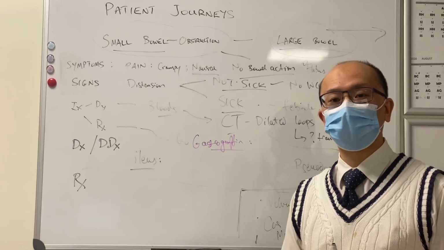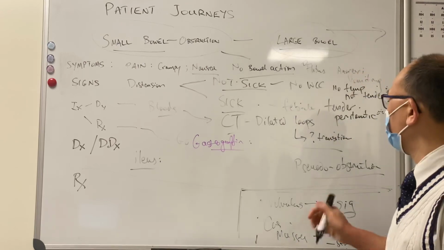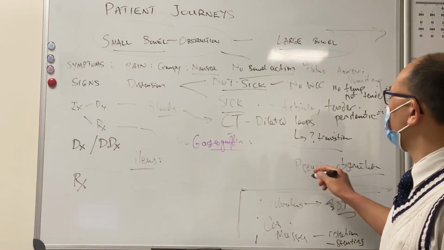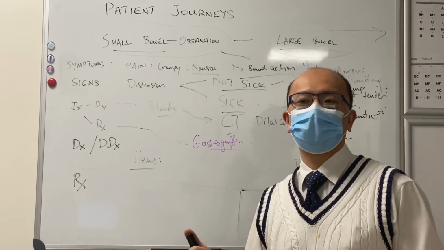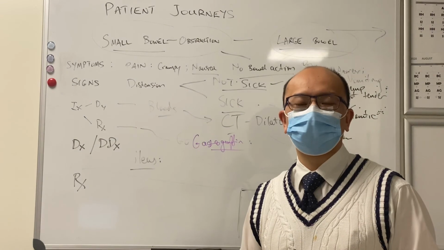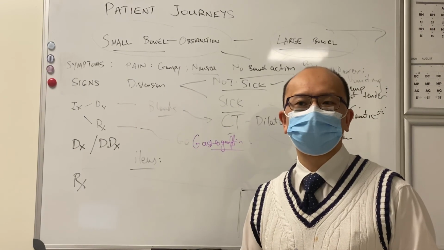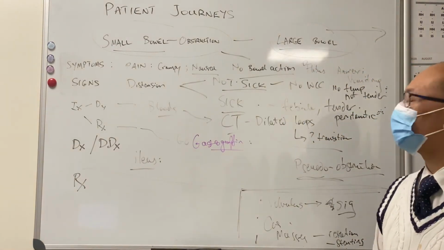You've got to keep an eye on their electrolytes, make sure their potassium's in the right range, so that you can fix their pseudo obstruction. Even if they have a proper obstruction, when we fix that, there is no ileus afterwards because we haven't ignored the electrolytes. So that's a typical patient journey for large bowel obstruction and small bowel obstruction.